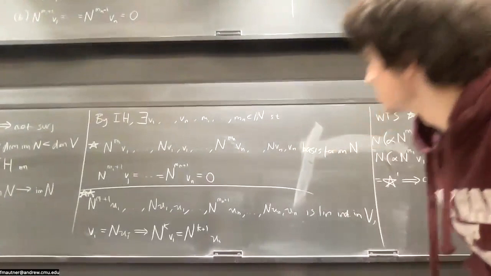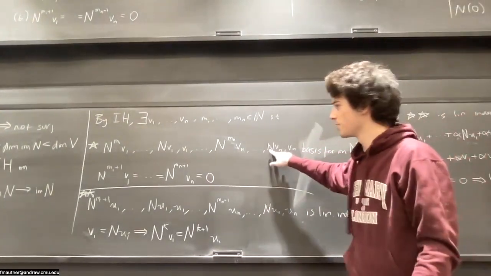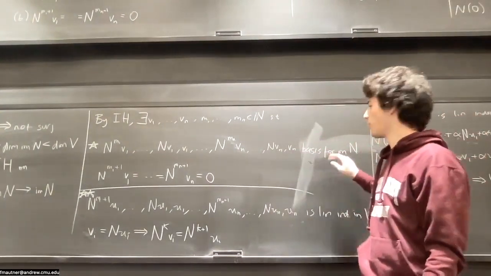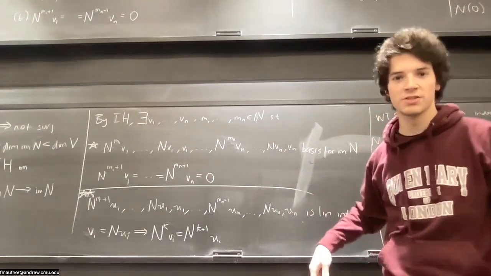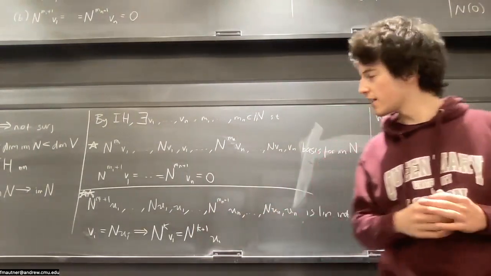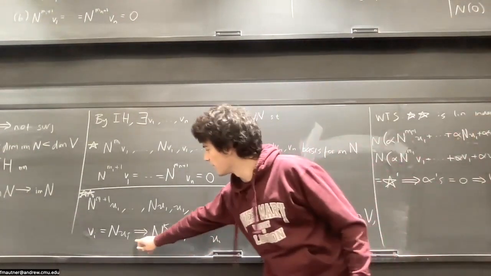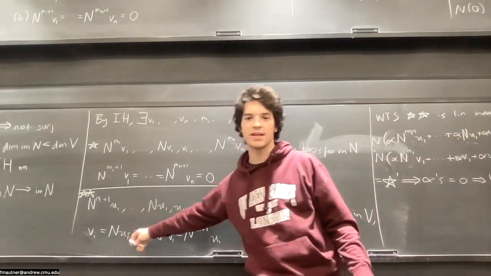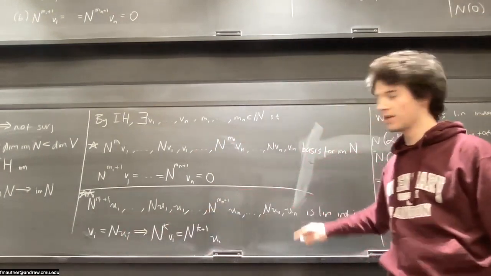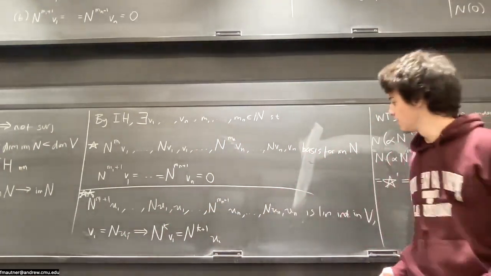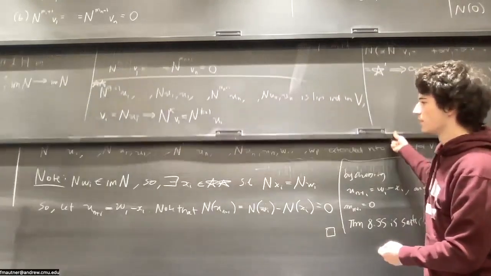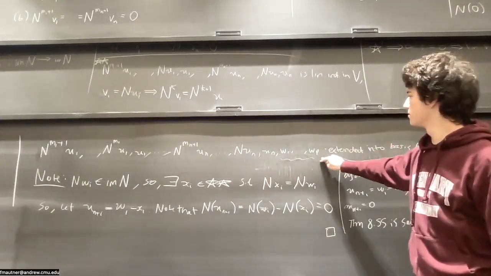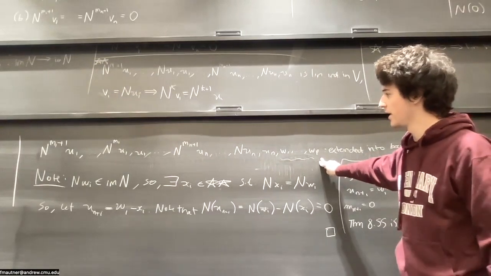That allows us to use the IH and get star. So we generate this basis for the image. From star, we generate star star, where each of the v sub i's is n applied to one of the u sub i's, and we've shown that that is independent. And now because we have a linearly independent set in V, all we can do is extend it into a basis for V.